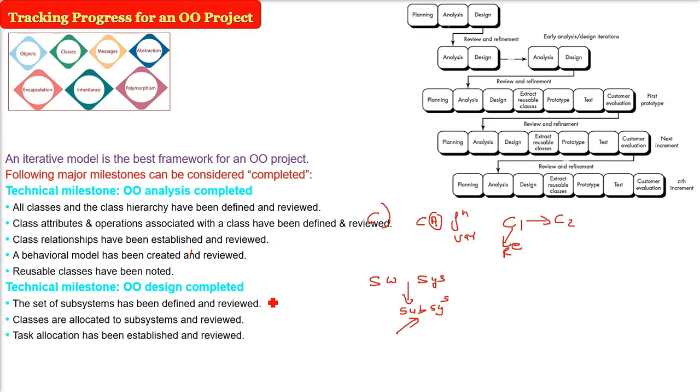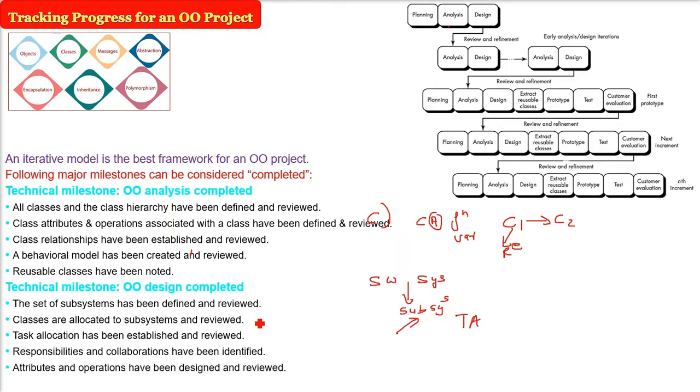Along with this, the task allocation is done, because the activities have to be divided into tasks, and the responsibilities and collaborations are identified. The attributes and operations are designed and reviewed, and the communication model between the different subsystems is also created and reviewed.